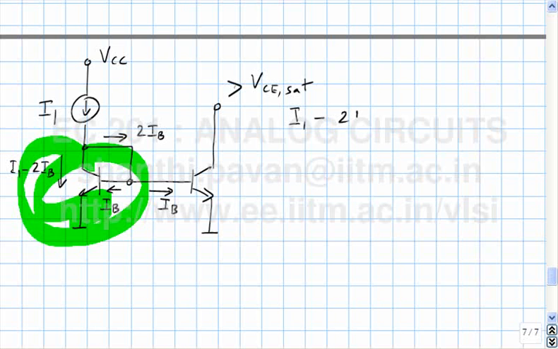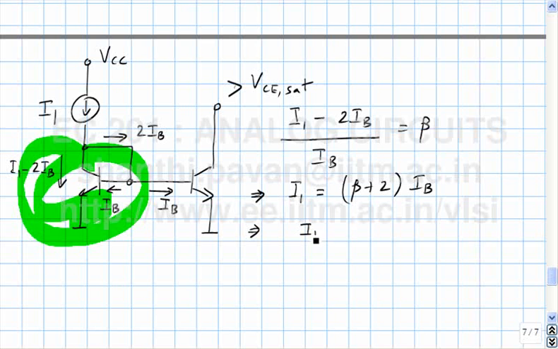So I1 minus 2 IB divided by IB is equal to beta, which means I1 is equal to beta plus 2 times IB. So what is the collector current of the transistor? Beta IB, and IB is nothing but I1 by beta plus 2.